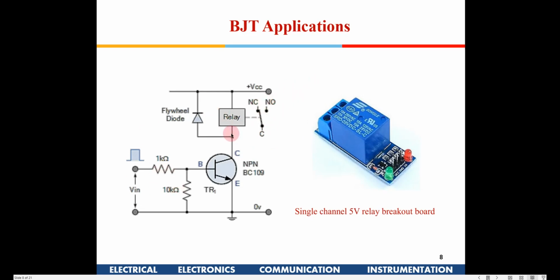So this could be operated with your microprocessor with a 5 volt or a 12 volt. So it isolates this 230 volt system from your microprocessor and things like that, right? So these kind of circuits are generally used. This transistor is basically a driver circuit between the microprocessor and the 230 volt systems. Okay, these are known as driver circuits.